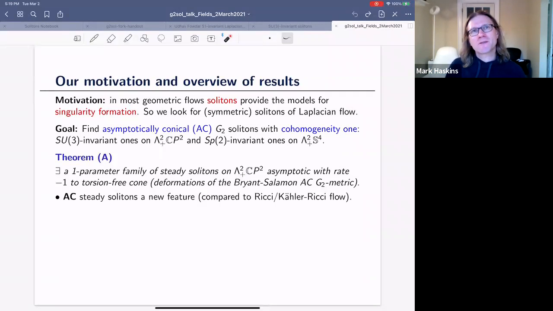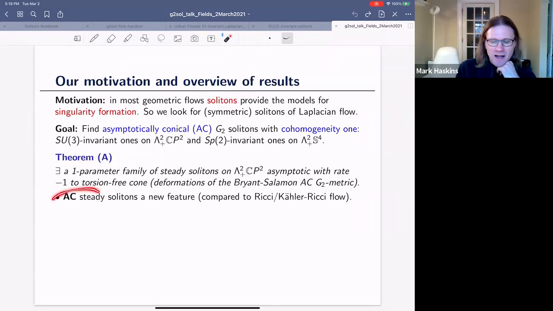But in that case, the volume growth is half the dimension of the manifold in question. And so it's clear that these steady solitons with submaximal volume growth don't play an interesting role in singularity formation in finite time in Kähler-Ricci flow.